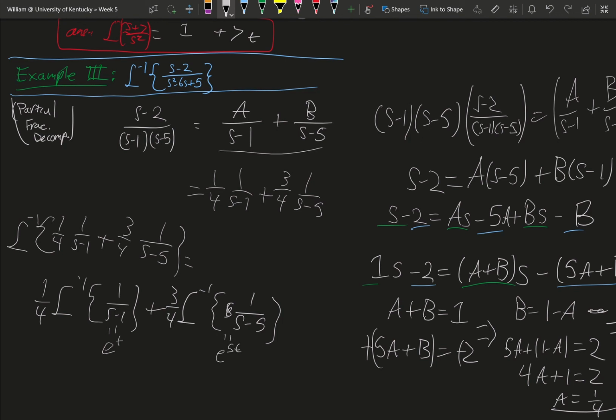So we can now get our final answer. It is equal to 1/4 e^t plus 3/4 e^(5t).